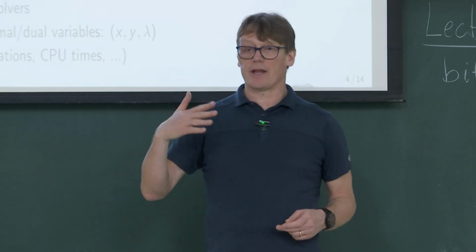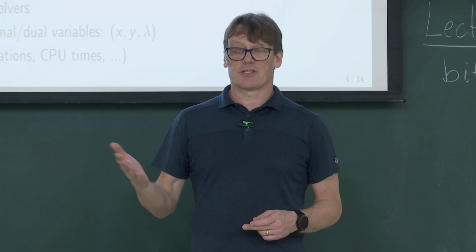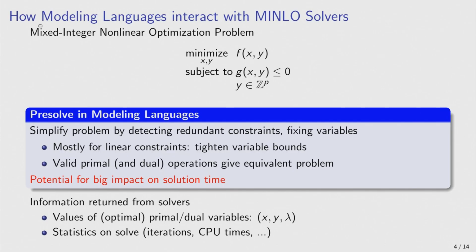So this morning we had an example where if a constraint says g_i of x less than or equal to 0, if you can show that the maximum of g_i of x is negative, then you can drop that constraint. Likewise, if you can somehow imply bounds on the variables that fix the variable, then you can also eliminate those variables. And there's potentially a big impact on the solution time when you do this.